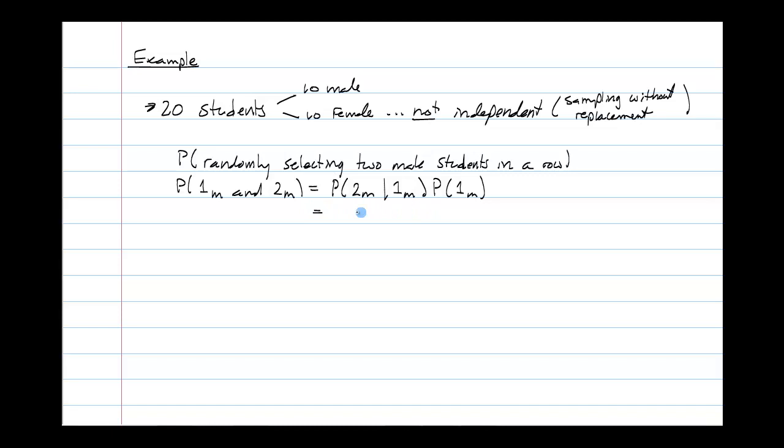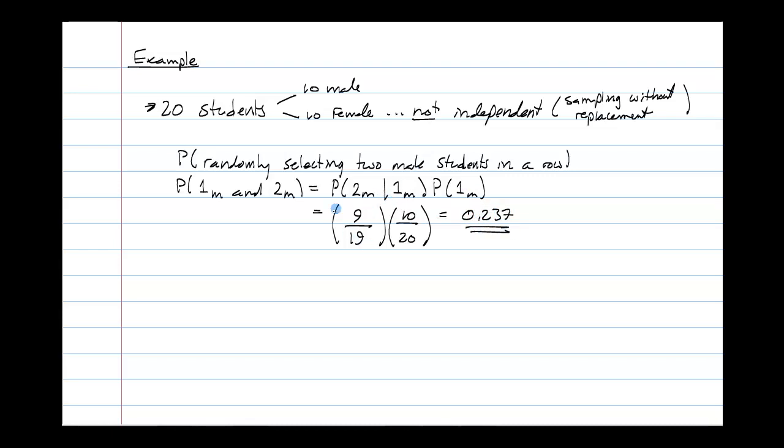The probability that the second is male given that the first was male basically is that probability we've already found. It's 9 out of 19. Now the probability that the first was male was 10 out of 20. Now if we multiply these out, we get a probability that's about 0.237.